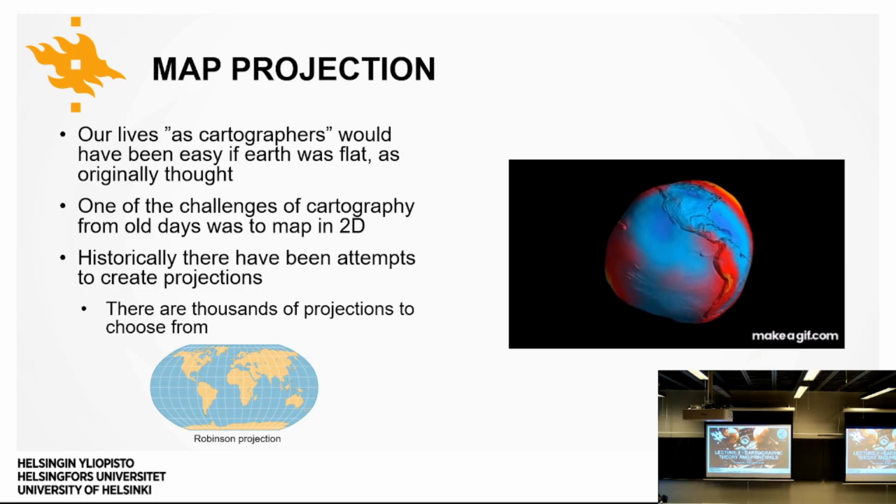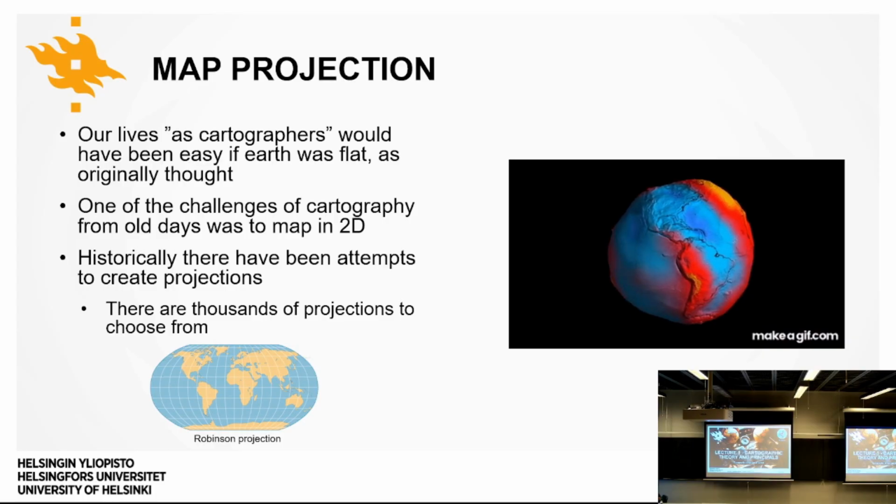This has been a challenge for many cartographers, or actually mostly for mathematicians, figuring out how you can project a 3D surface onto a two-dimensional surface. And there have been many attempts. If you just browse what coordinate systems or projection systems are available in just QGIS, you will see there's a long list of hundreds.